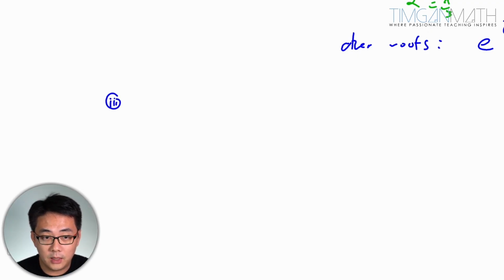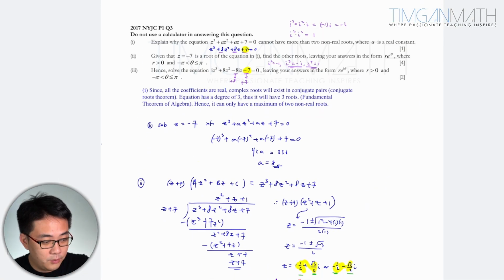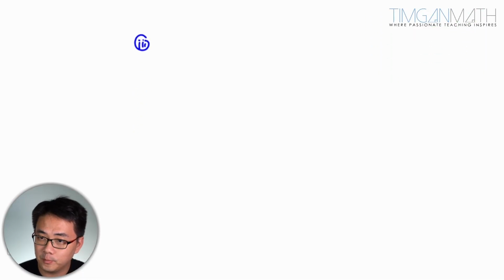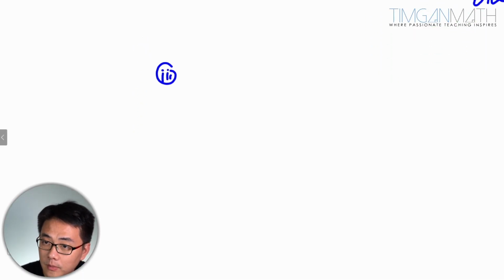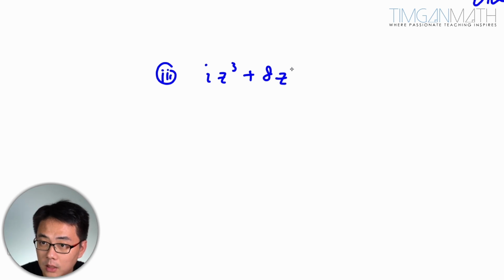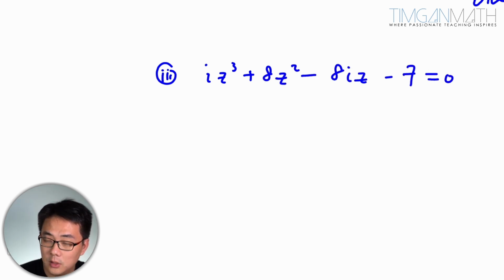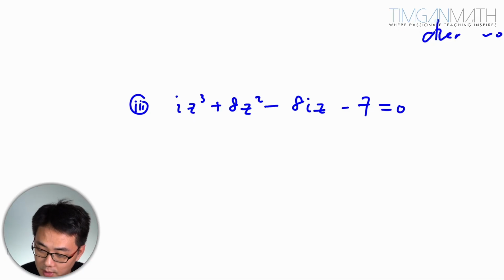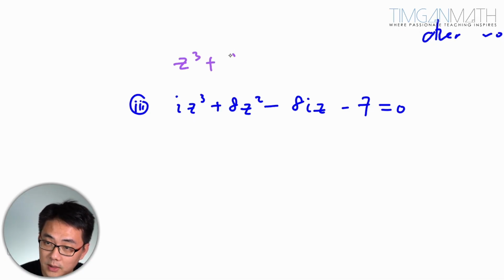Let me just bring up my software here. We'll start off with iz cubed plus 8z squared minus 8iz minus 7 equals 0. So this is 1. Then I'm going to anchor this by using z cubed plus 8z squared.